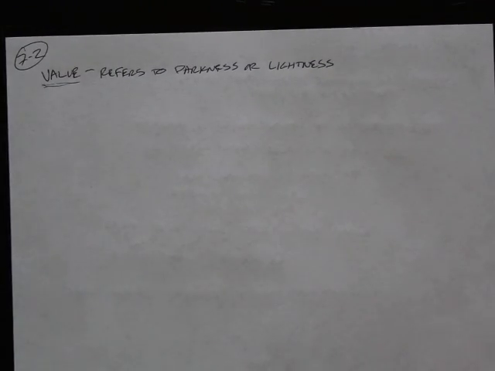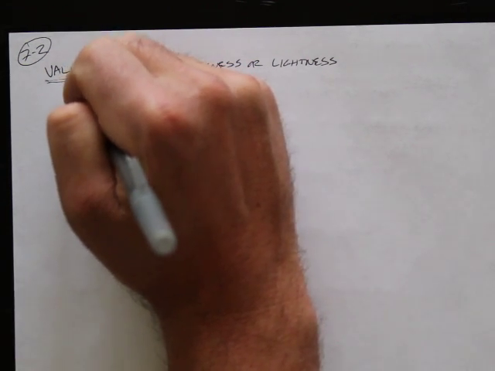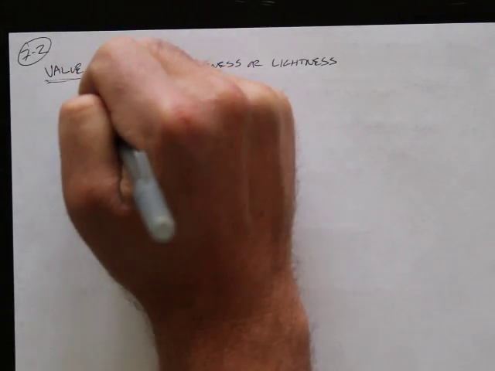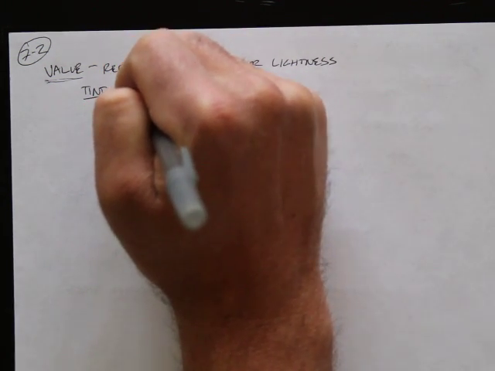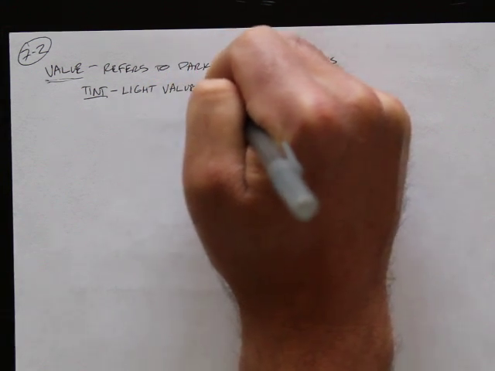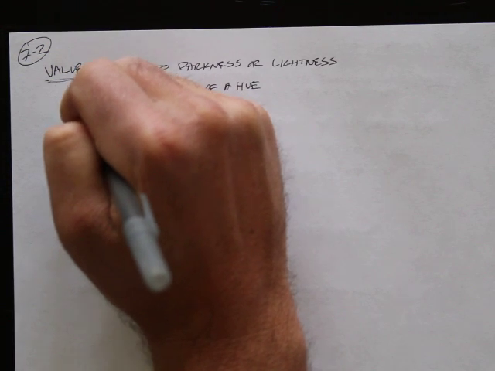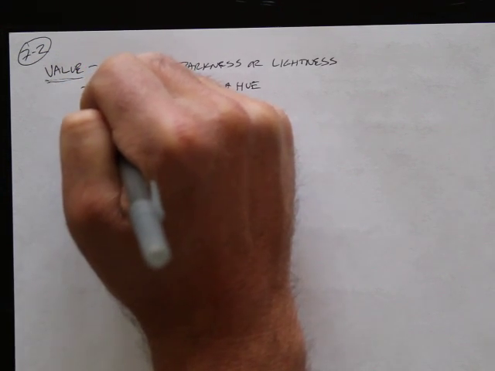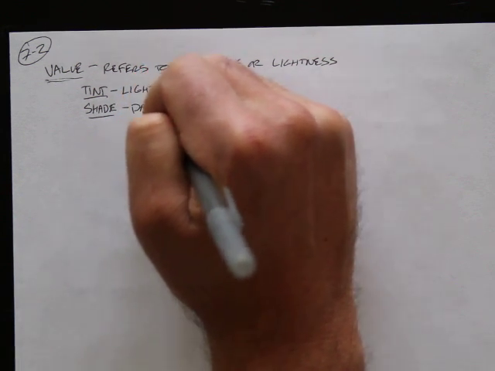So a tint is a light value of a hue. And a shade is a dark value of a hue.